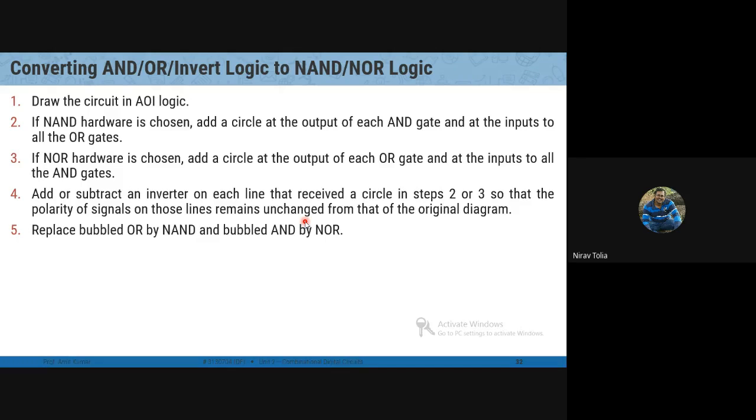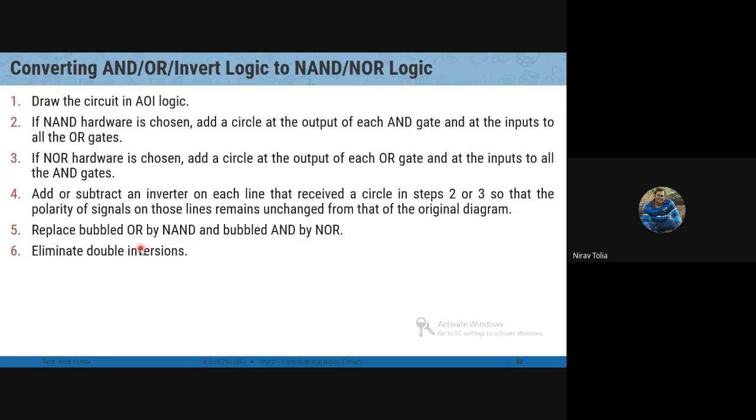Then we have to change all the gates. Suppose you are selecting NAND logic, then convert all the remaining gates into NAND. And if you are selecting NOR logic, then convert all the gates into NOR. Simple thing. And eliminate the double inversion.